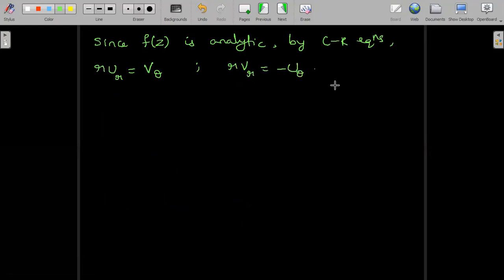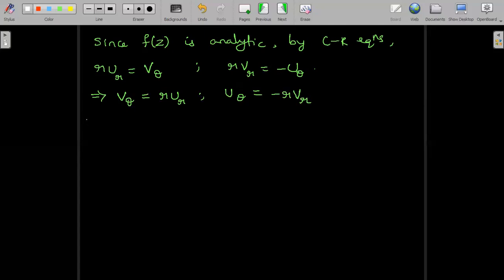Now let us change the theta terms in both the expressions. So let us rewrite the expression for v theta and u theta. So v theta can be written as r ur and u theta can be written as minus r into vr. So let us change v theta and u theta in equation 2.